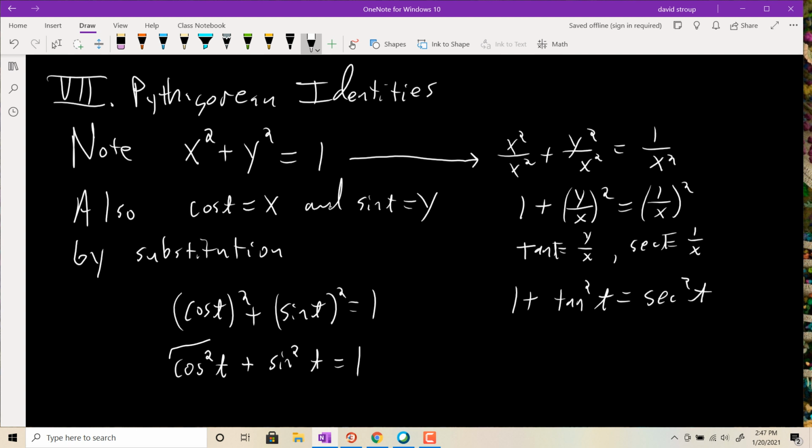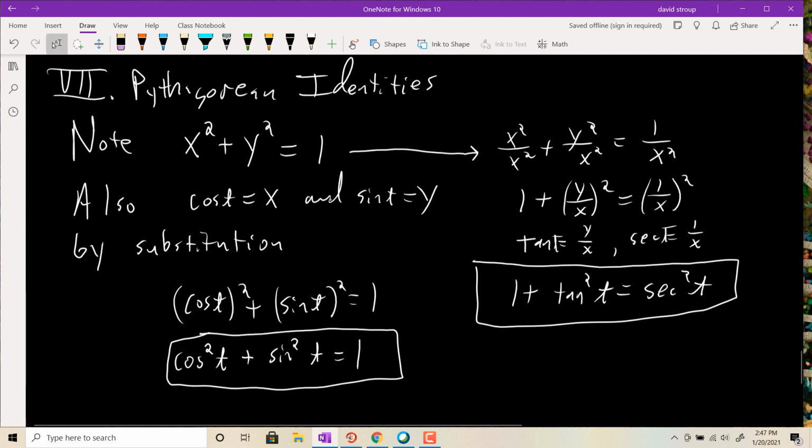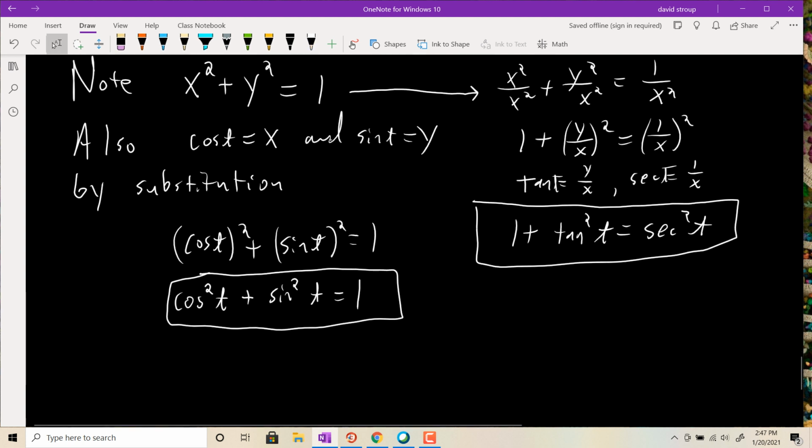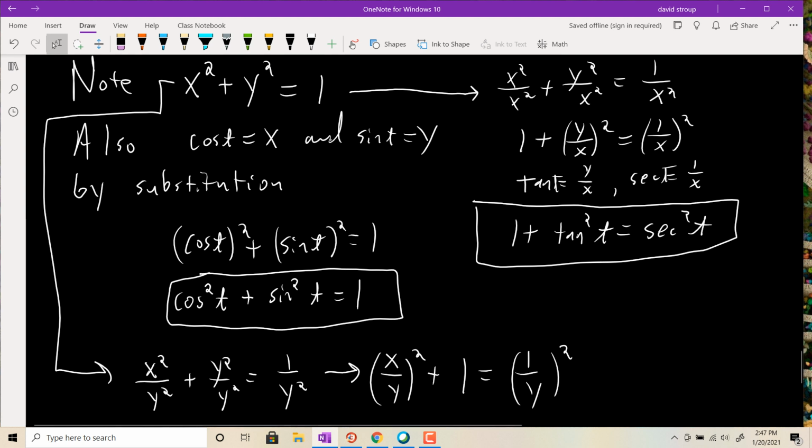Okay, so here's one formula, and then there's another formula. And then you can get a third formula by dividing through by y squared. So you could also take this and write x squared over y squared plus y squared over y squared equals 1 over y squared, which will give you x over y squared, which is cotan squared, plus 1 equals 1 over y squared, which is cosecant squared.